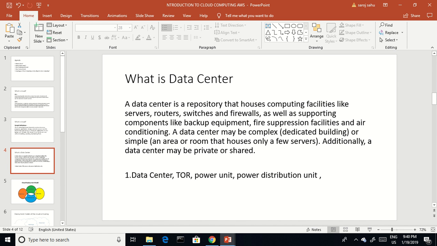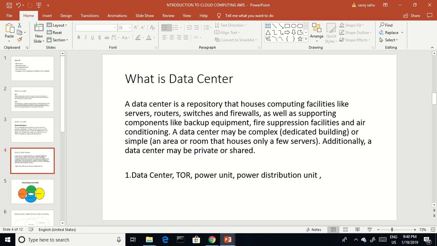And you have to have all the computing devices like servers, storage devices, network devices, all the network connectivity, everything. And you need a lot of engineers who can build the data center and provide the services.